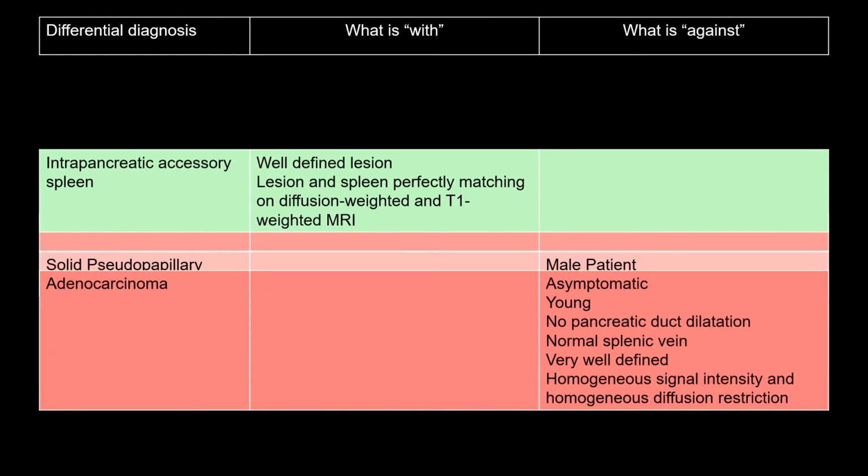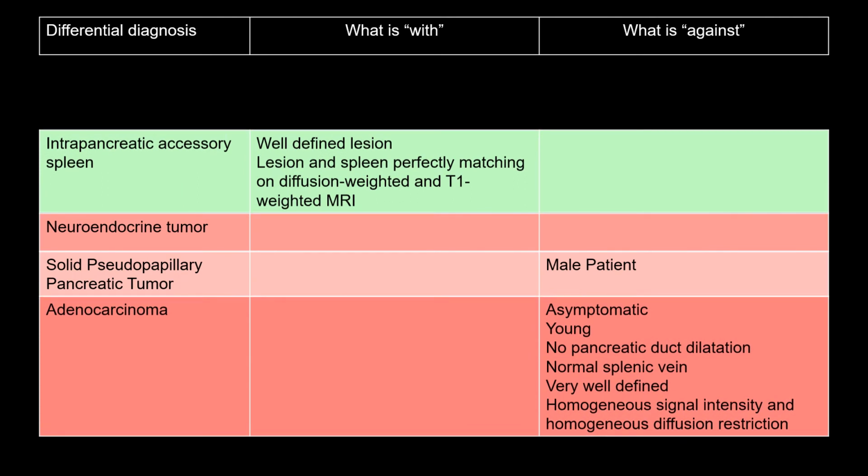Therefore, we may reorder our arrangement of the four disease entities, making the intrapancreatic accessory spleen the highest probability or the most likely diagnosis, and hoping for the sake of the patient to leave the patient alone.